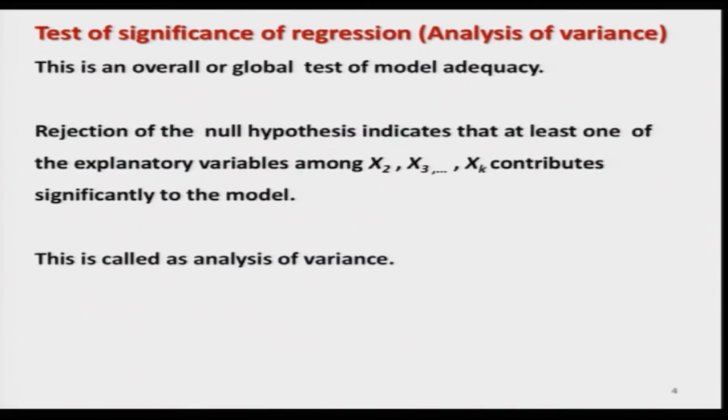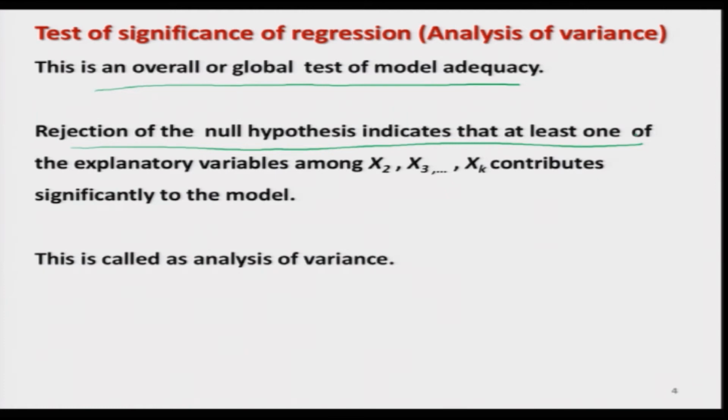So this is actually an overall or global test of model adequacy. If the null hypothesis is rejected, that would indicate that there is at least one explanatory variable among x2, x3, xk which is contributing significantly towards the model, and that is why this hypothesis is getting rejected.